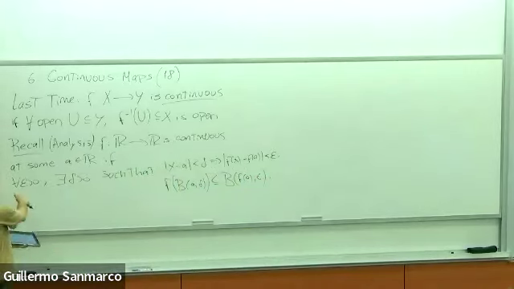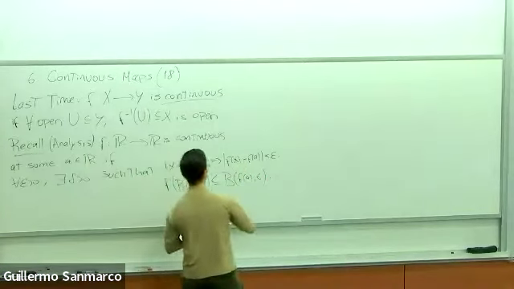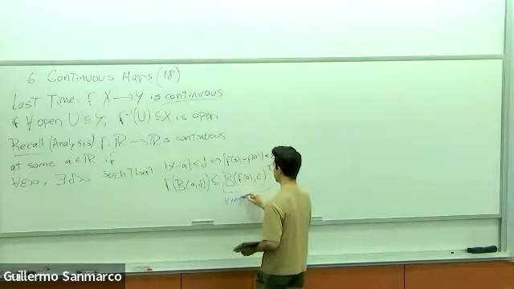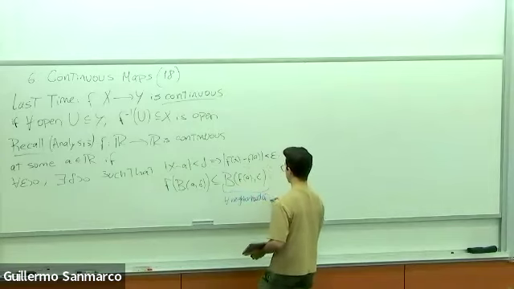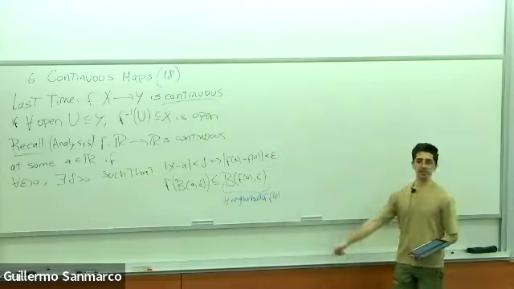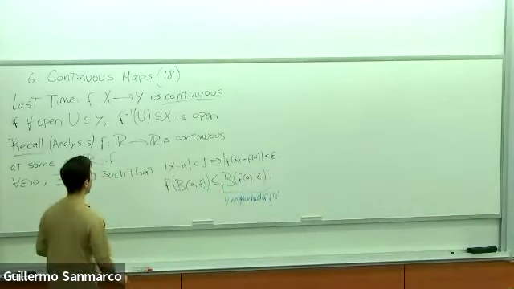So when you're seeing for every epsilon, you should read for every neighborhood of f of a. Every epsilon is just quantifying an arbitrary neighborhood of f of a.